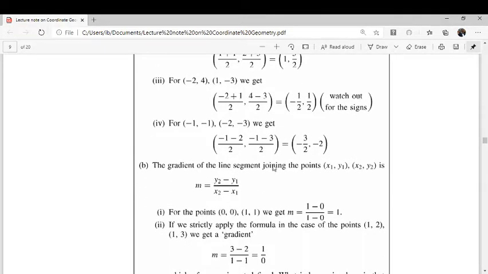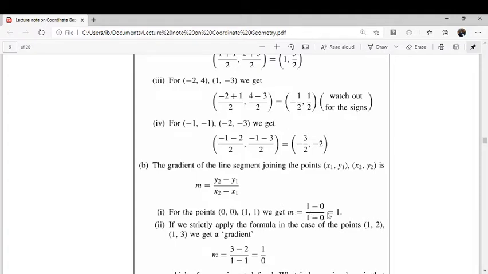Now, the gradient of the line segment joining these 2 points, that's the gradient or the slope of the line. This is the formula. Now, given these 2 point coordinates, x1, y1, x2, y2, find the gradient. You apply this formula, y1 minus y2 over x2 minus x1.